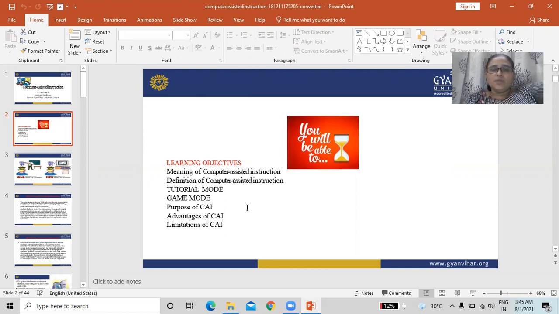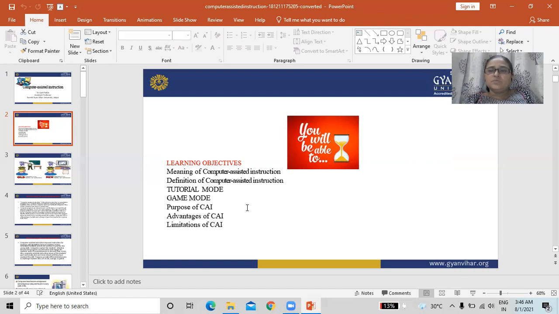Student will be able to understand the meaning of computer assisted instruction. Student will be able to understand the definition of computer assisted instruction. A student will be able to understand tutorial mode and game mode.